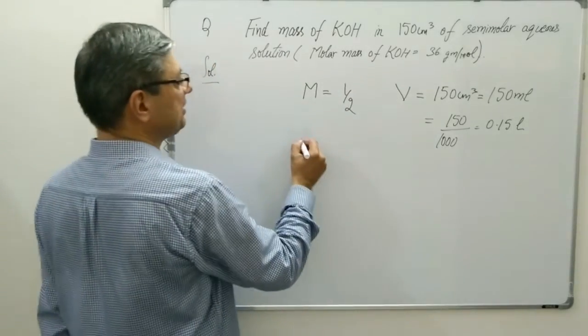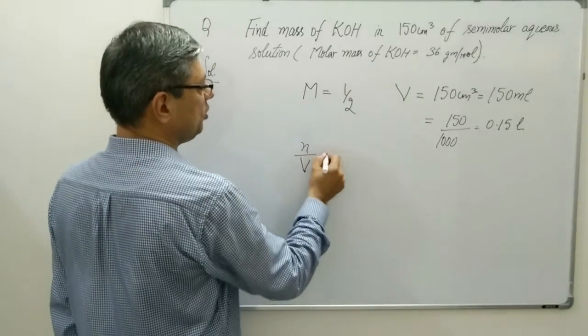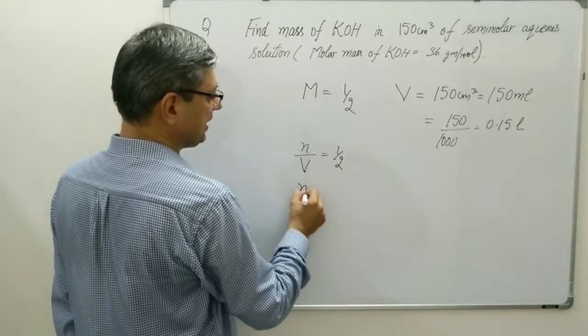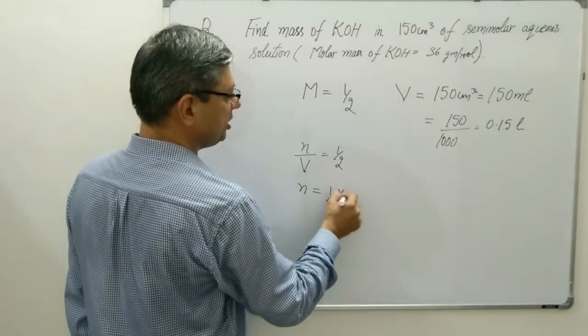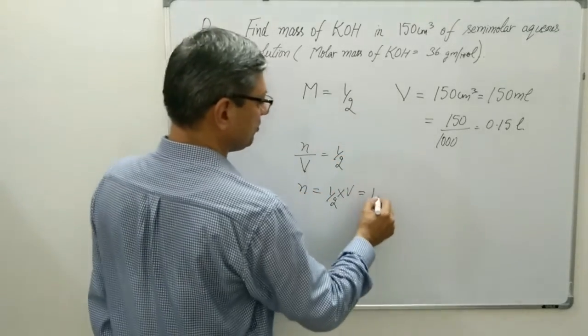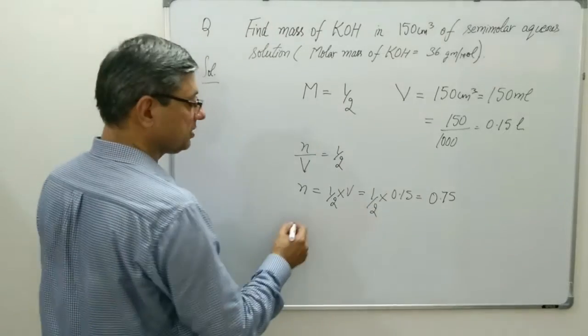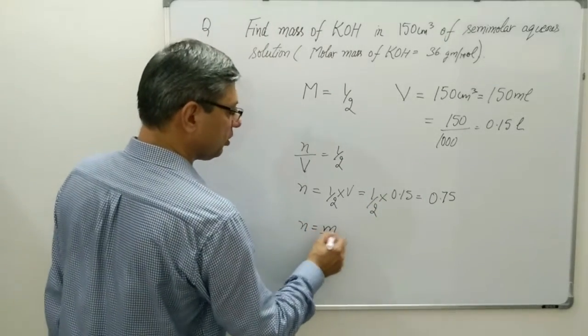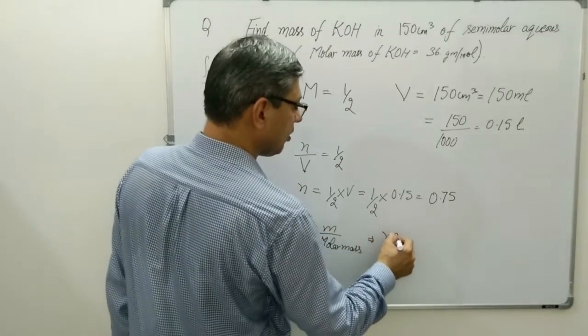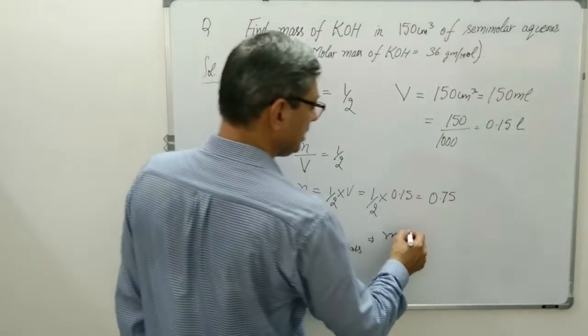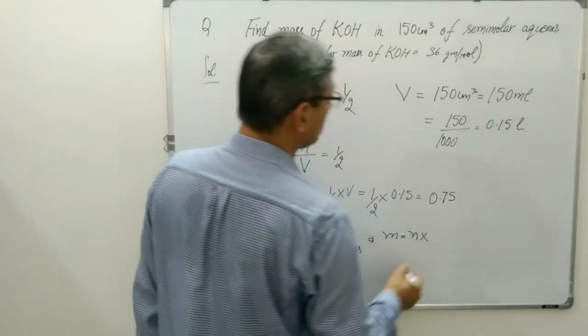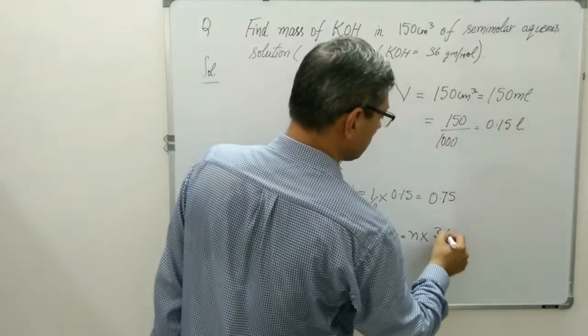Now formula of molarity is number of moles upon volume is equal to 1 by 2. I can calculate moles as 1 by 2 into V, and it comes out to be number of moles. Formula we know, given mass upon molar mass. So mass of potassium hydroxide will be equal to number of moles into its molar mass, and that is given 36 grams per mole.